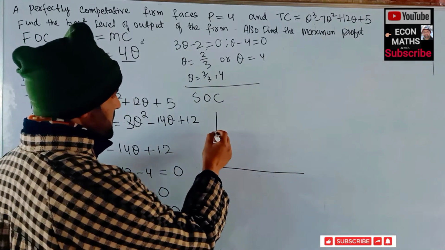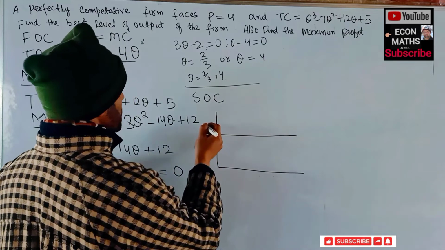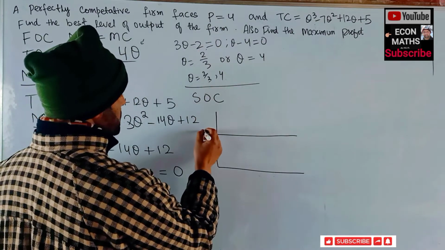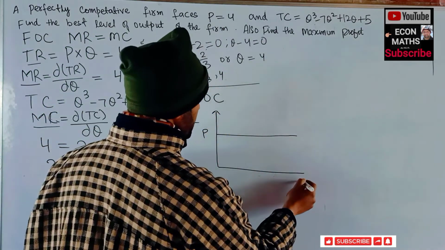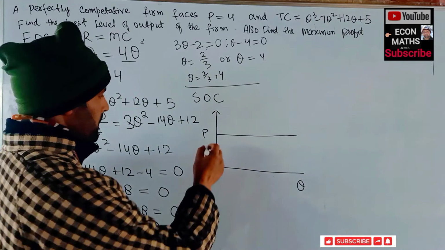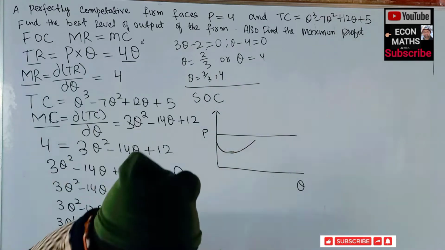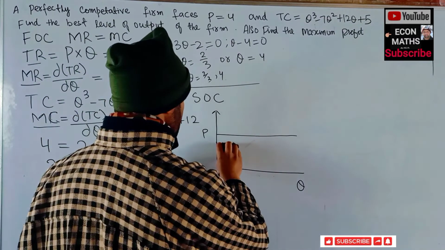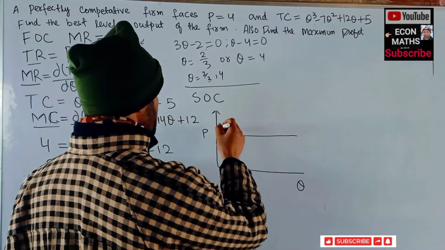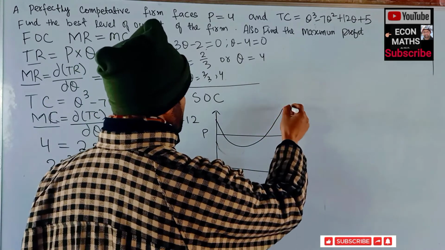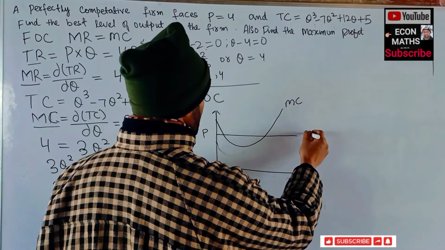If this is our price axis and this is the quantity axis, let us say this is our marginal cost and this is our marginal revenue.